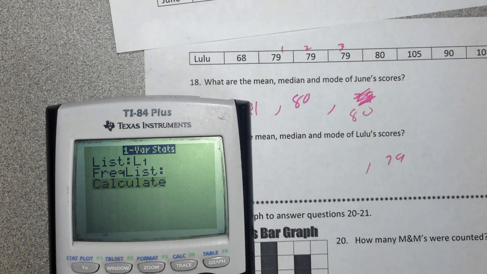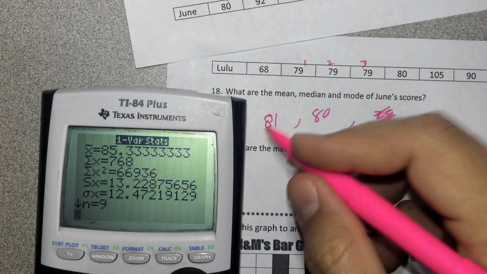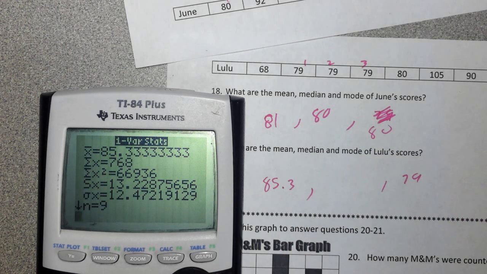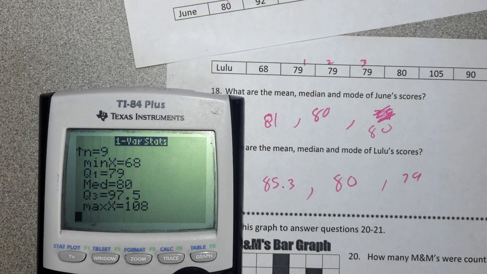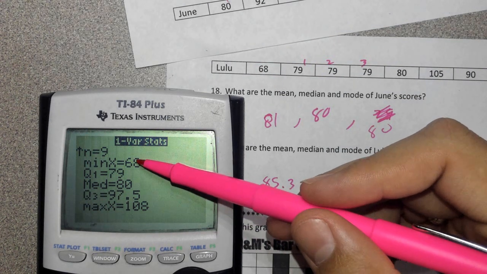Alright, my mean, my average, X bar, 85.3. My median is 80. And we're done with that. No need to do the range, so no subtracting there. But again, if we had to do the range, biggest minus smallest.